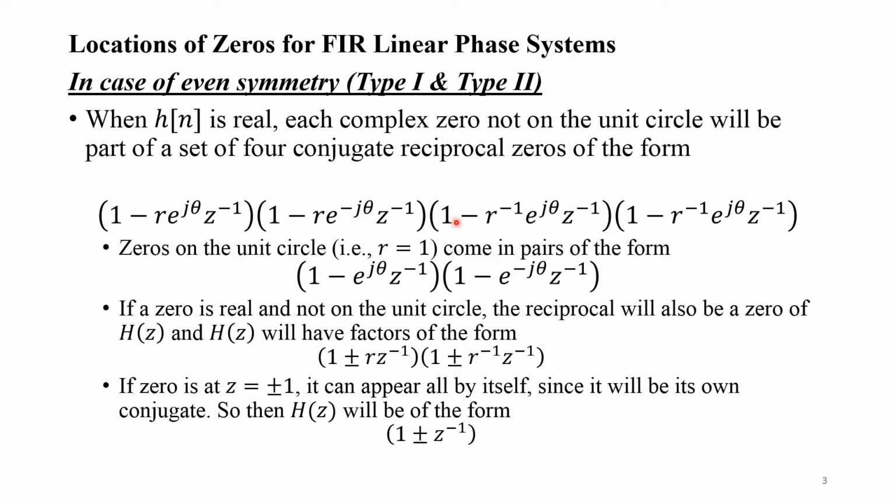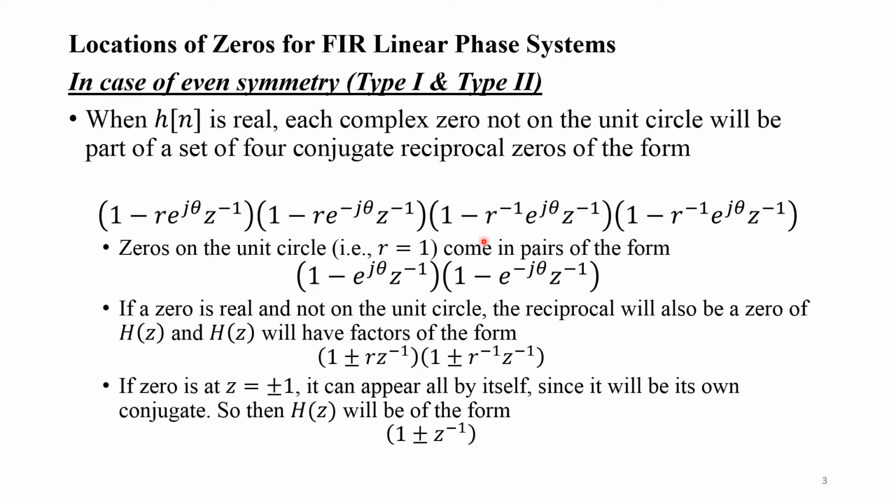Again, for the second part, if z naught is a zero, then 1 over z naught is also a zero. In case of 1 over z naught, we have two conjugate reciprocals, provided they are not on the unit circle: 1 minus r e^(j theta) z inverse into 1 minus r e^(minus j theta) z inverse.